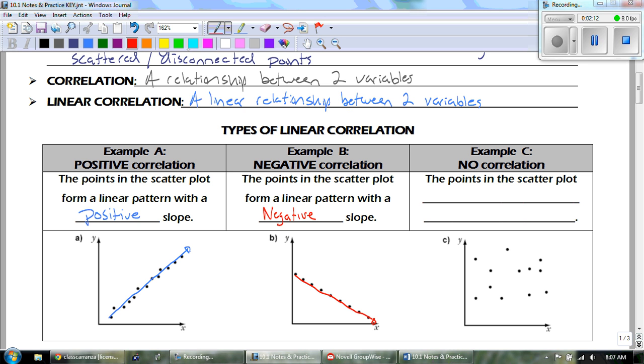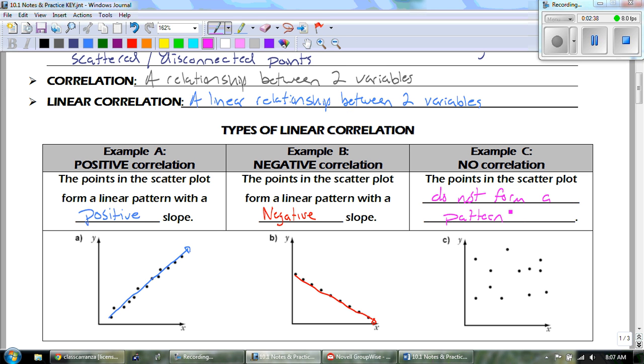And then we get to example C, and you're like, that's not really going down. It's not really going up. You really don't know what's going on, and that's because the points in the scatter plot do not form a pattern.